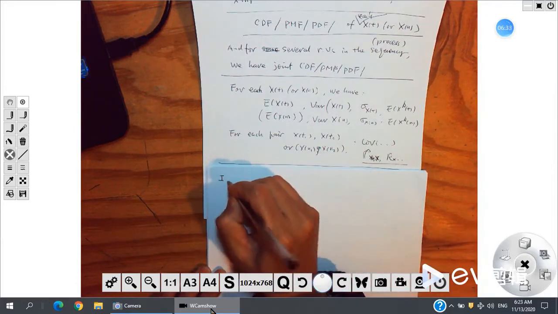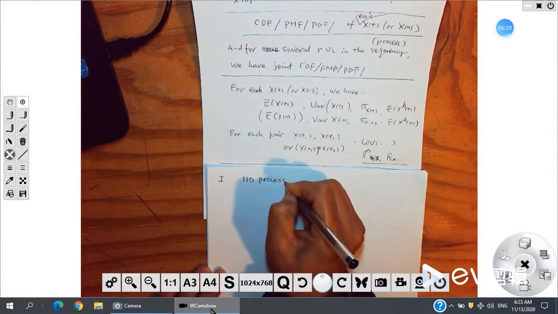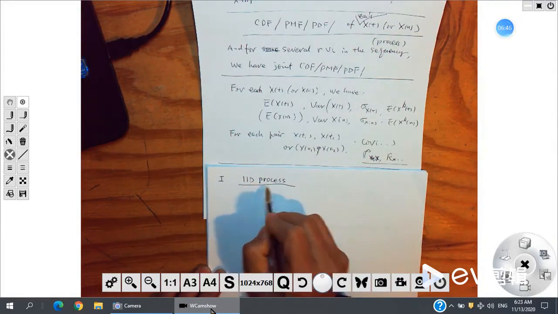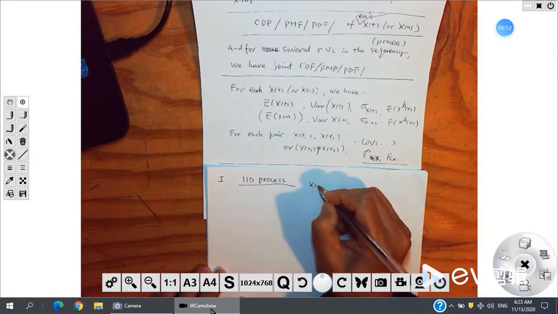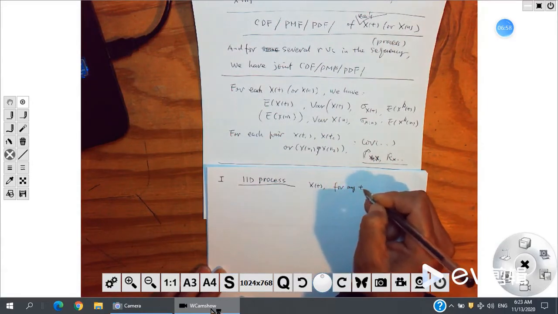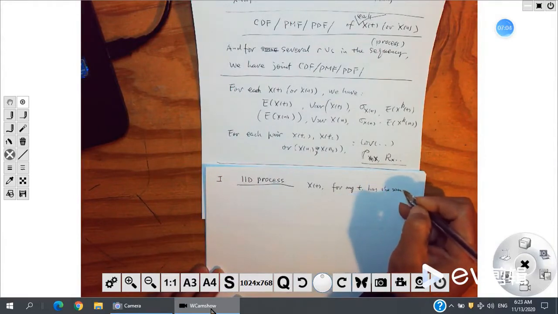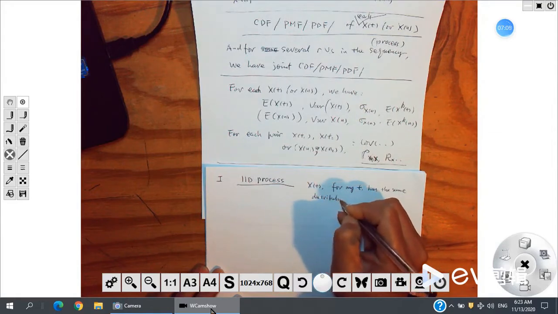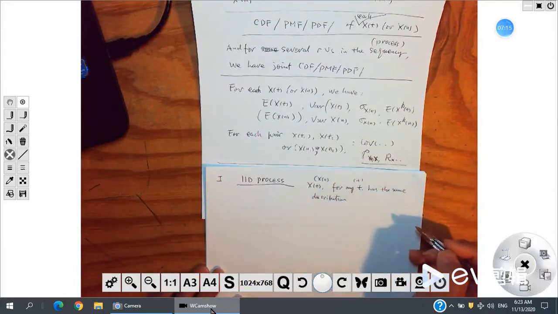The first one, we have IID process, independent, identically distributed process. So that means x(t), for any t, has the same distribution, or x(n), for any n, has the same distribution.